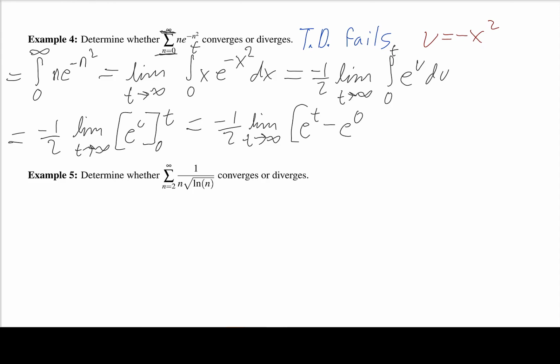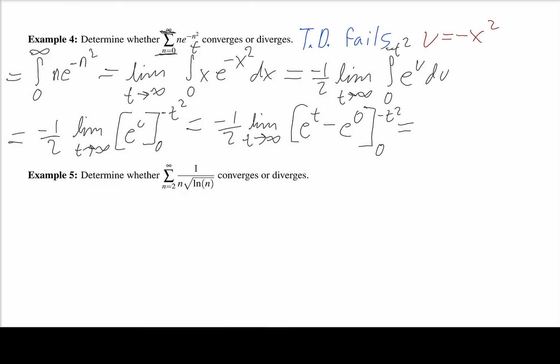And I've made a huge mistake here, which is that I did not change my limits when I u substituted. So this should have been a negative t squared, and this should have been a negative t squared. So that's a super important step, to change our limits. And so then we're evaluating from 0 to negative t squared.